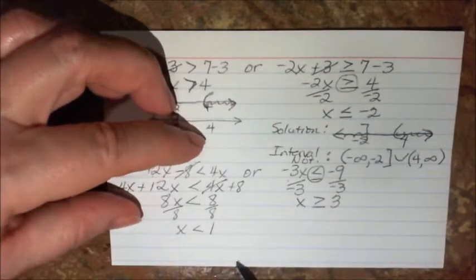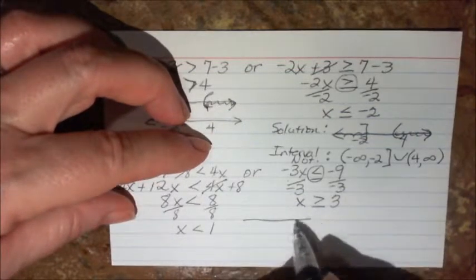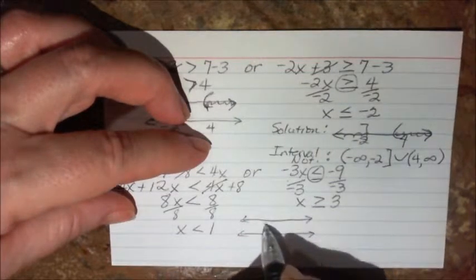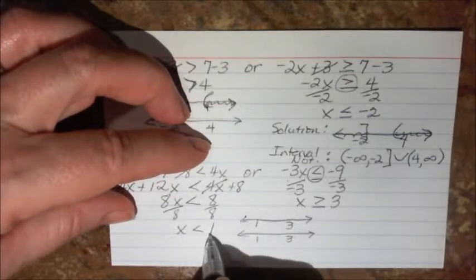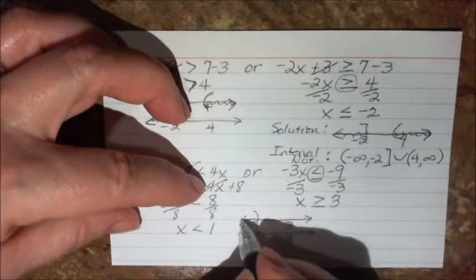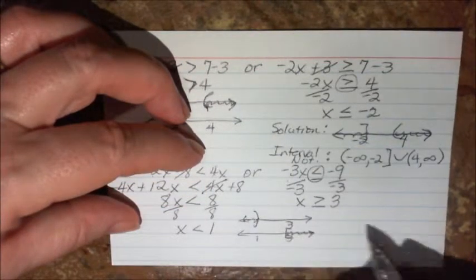Alright, so let's see. Let's get our two number lines here. In number line order, we have 1 and 3. The first one, x is less than 1, and x is greater than or equal to 3.